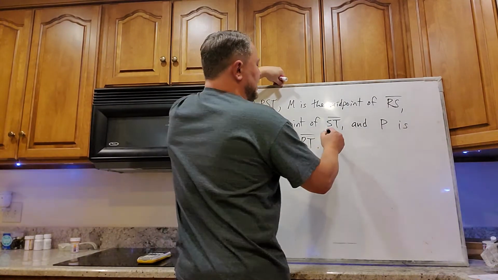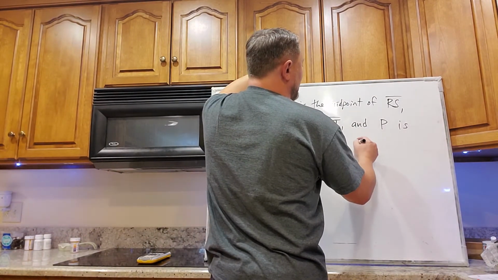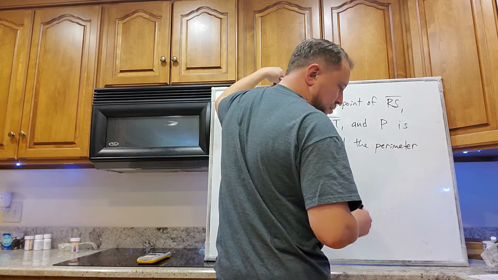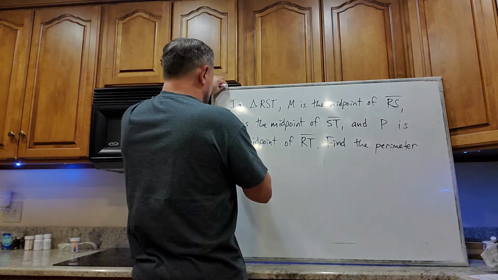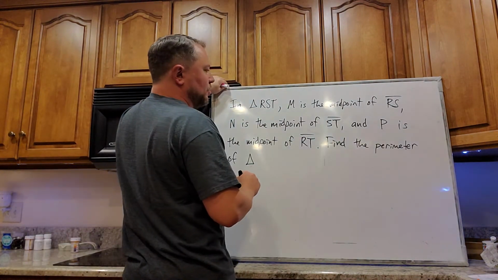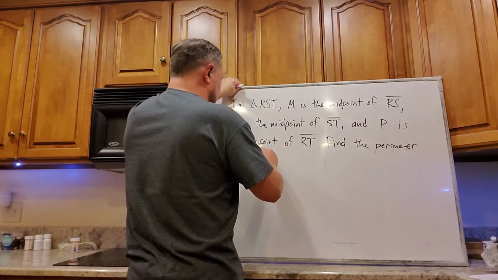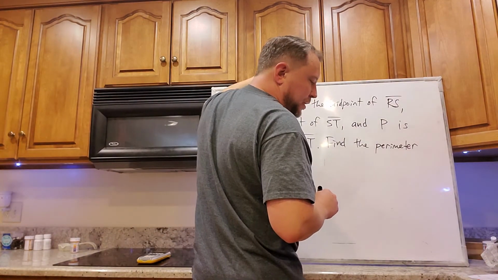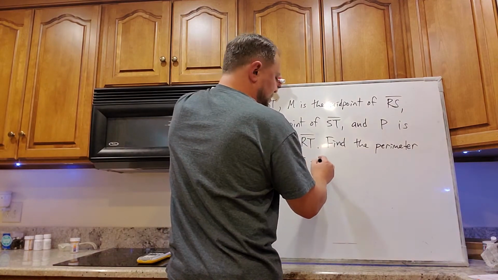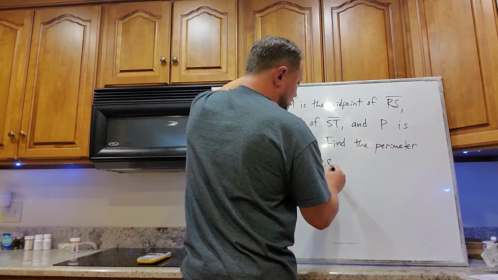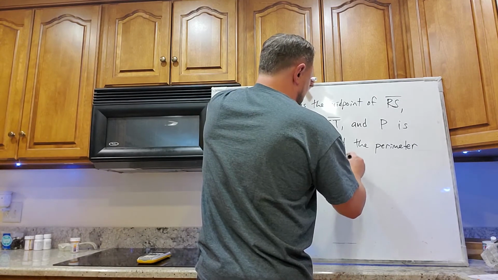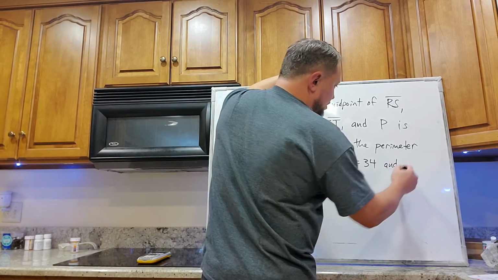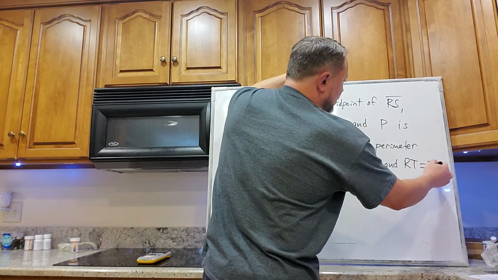Ultimately on this problem, they're going to want us to find the perimeter of triangle MNP if we know that RS has a length of 28, ST has a length of 34, and RT has a length of 30.